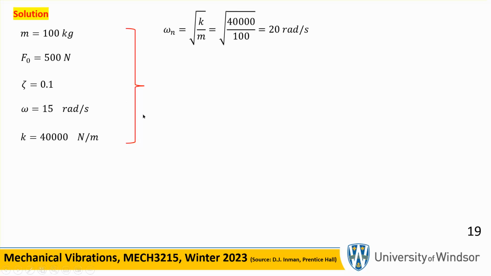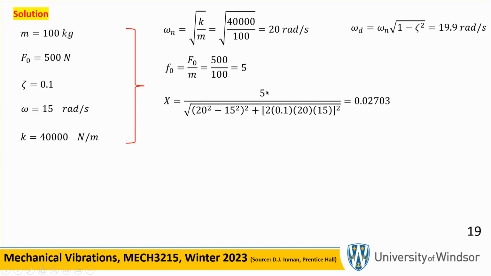Out of M and K, we can find the natural frequency. We can find the damped natural frequency. Little f naught is big F naught over M, 500 over 100, 5. Big X, just plug it in. You know omega, you know omega n, you know xi right there. Just literally plug it in.